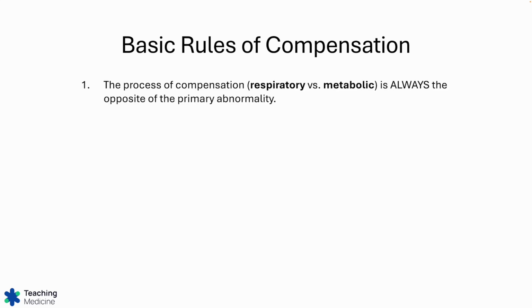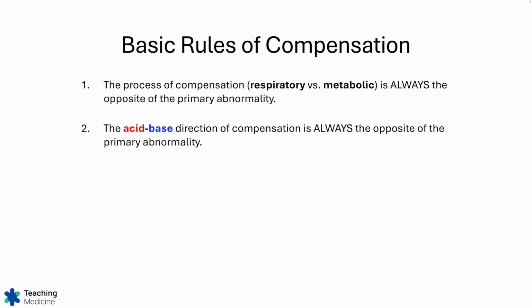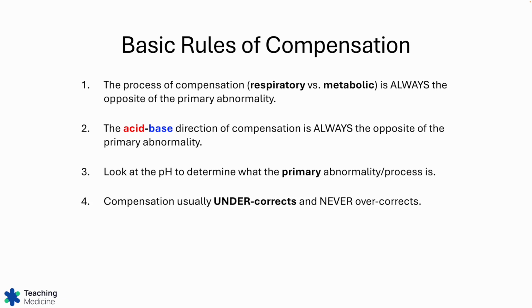Reminder again, the basic rules of compensation: the process is always going to be the opposite. The compensation process is the opposite of the primary. The acid-base direction is always the opposite. You have to look at the pH to determine what the primary abnormality or process is, and we just demonstrated good examples of that.